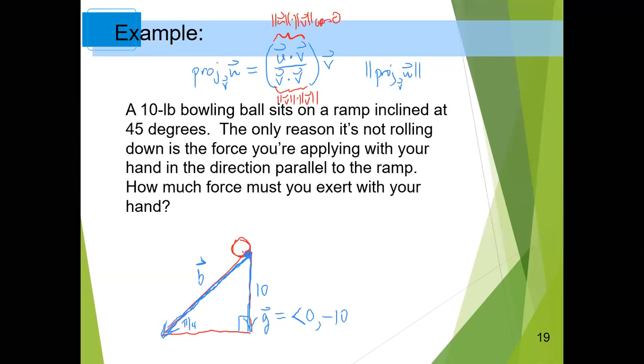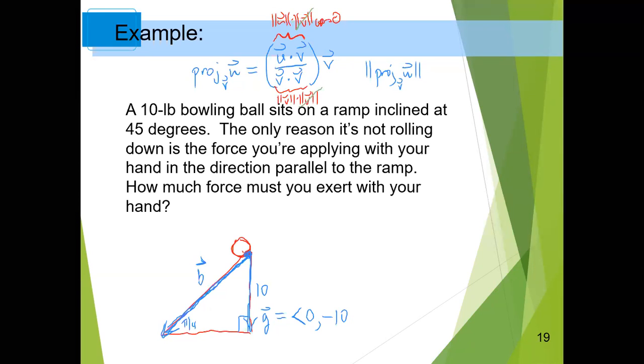So what's actually going to cancel here? We created this so that it was an easier formula to remember, but we have to keep in mind what actually cancels. The length of V would cancel.